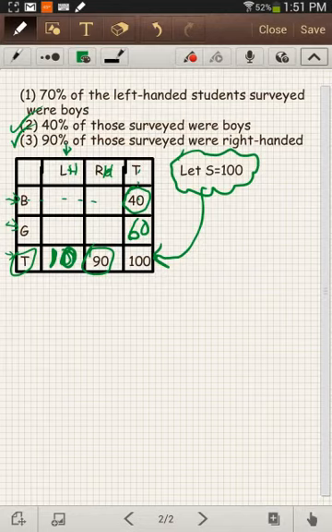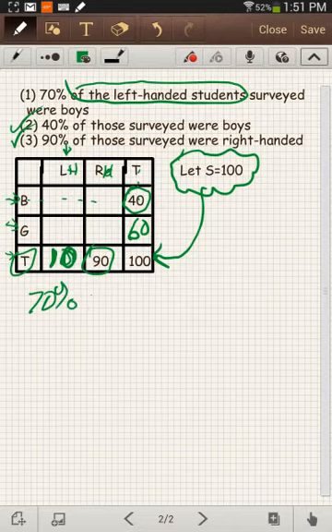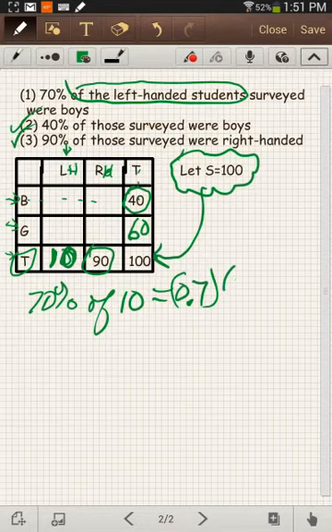Now, 70% of the left-handed students. So we need to take 70% of the lefties. 0.7 times 10. We would hope that students would see this mentally.